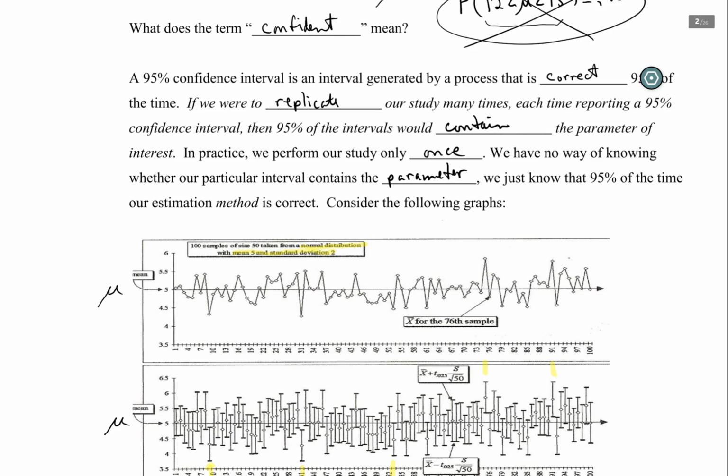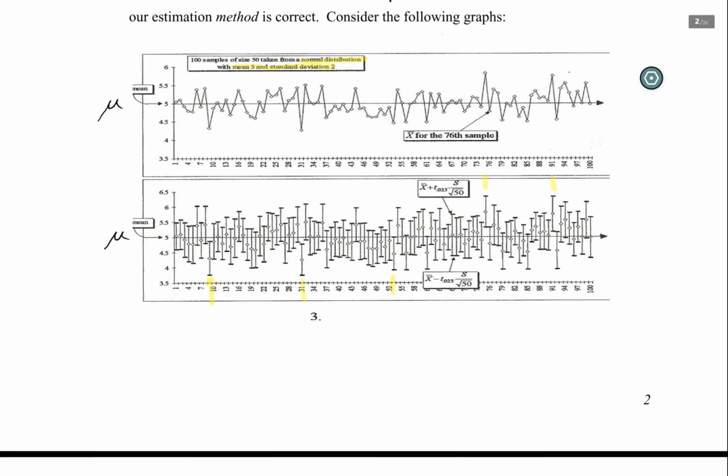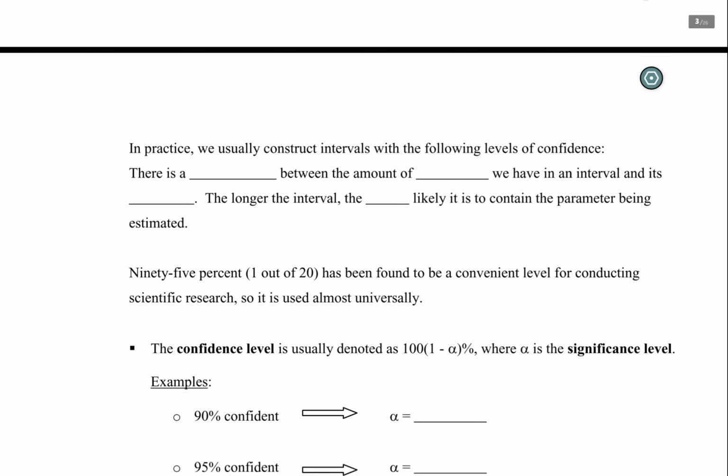And so the confidence level corresponds to the method at hand and not the particular interval generated from that particular data set. Okay, so with that in mind, let's continue on here.